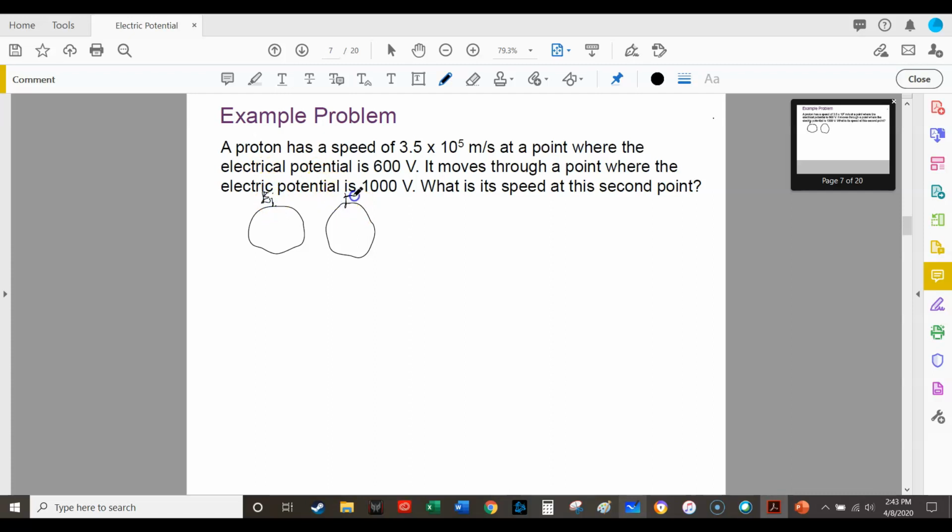This represents the final energy. So initially it's got some kinetic energy. And in the end, it's at a higher voltage. So it's a proton moving from a low voltage to a high voltage. My guess is the kinetic energy is going to get smaller. So K final is going to be a smaller slice.